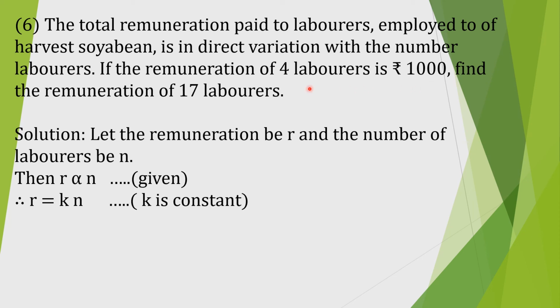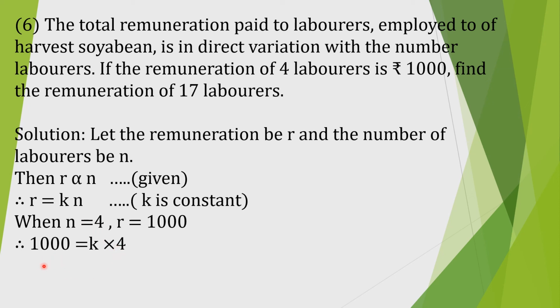We'll use these two values to find K. So when N equals 4, R equals 1000. Substituting, 1000 equals K into 4. This 4 will shift to the left-hand side and divide, so K equals 1000 upon 4.